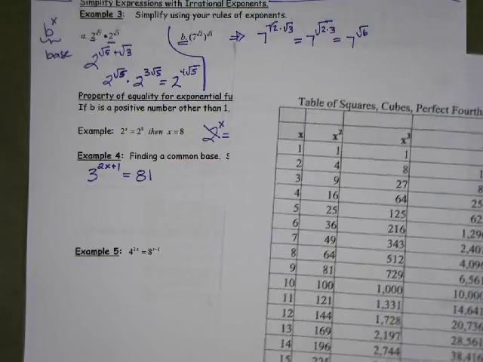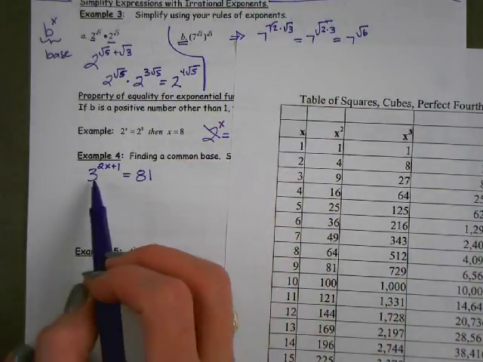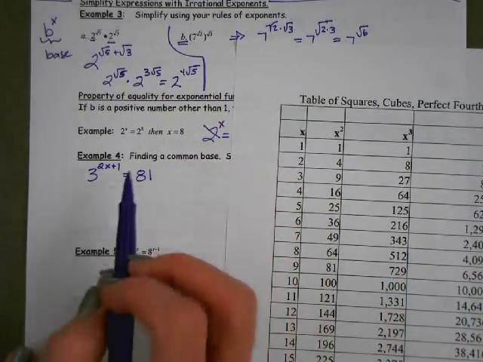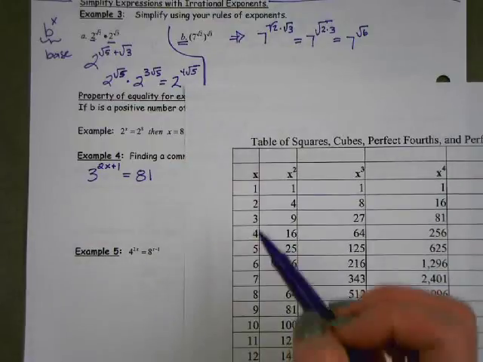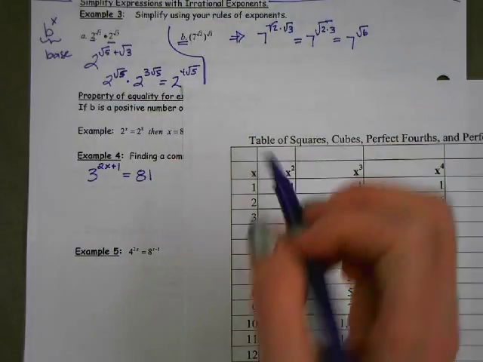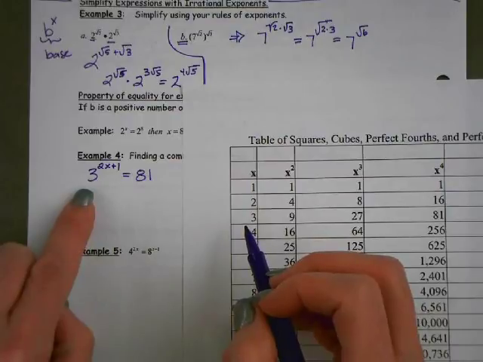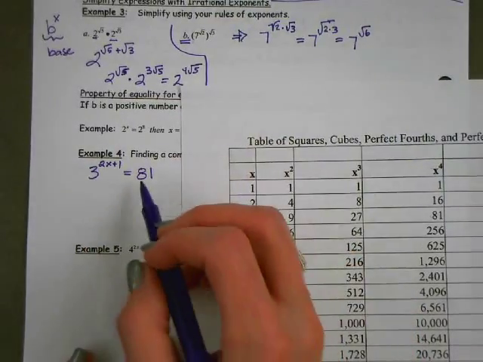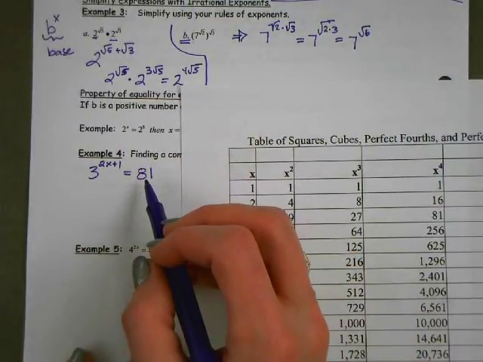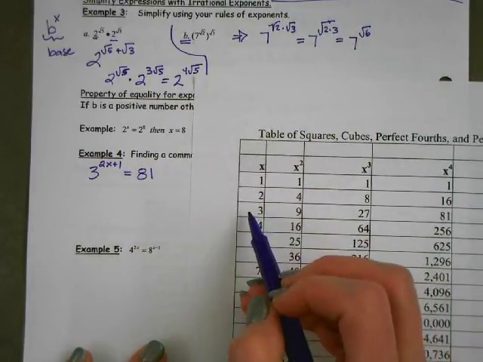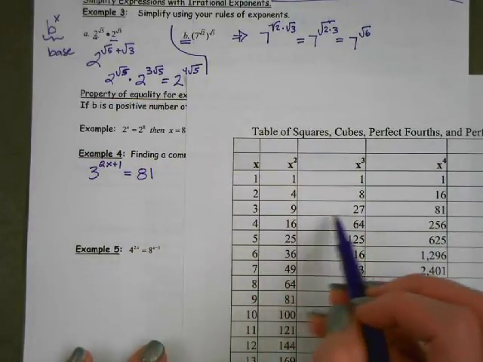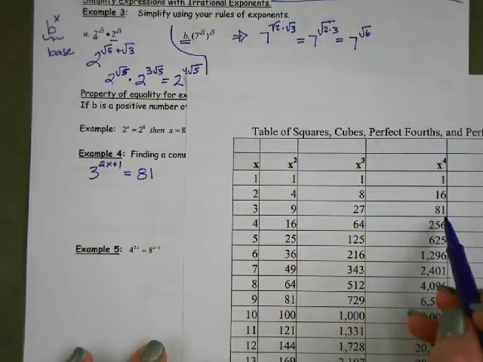So if you notice, I have a 3 and I have an 81, and I need to find a number that could be the same base. I'm going to start here in the first column with the smallest number that I have, and then I'm just going to go across and see if this number is in that row. So if I go to 3, I'm just going to go over and see if I ever find an 81, and I do.